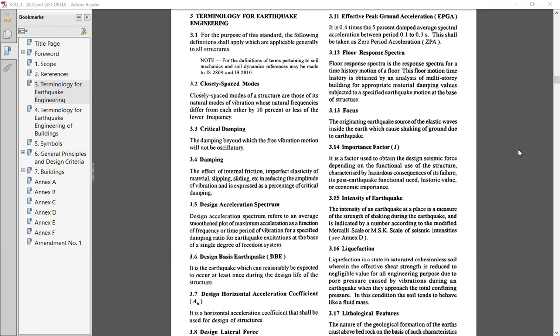Then we have seismic base shear. And then we have the multiplying factors for obtaining values for damping.